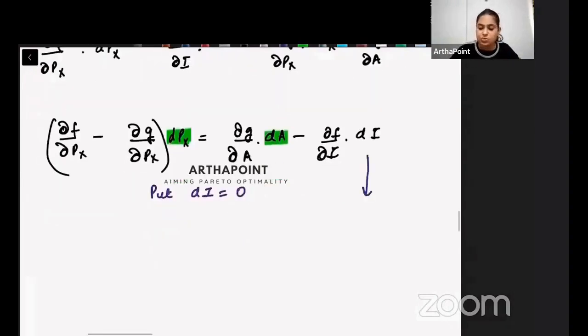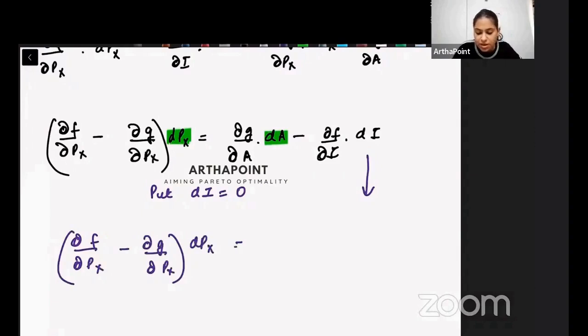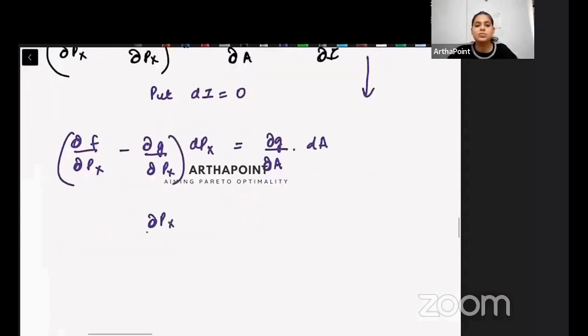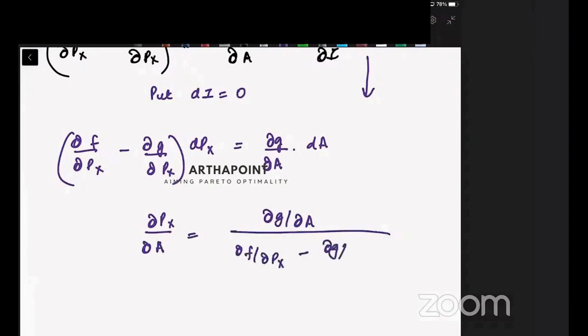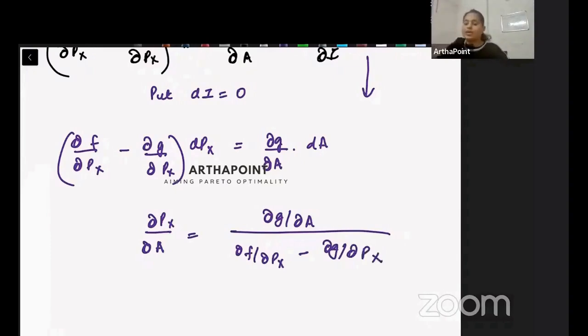When you put this equal to 0, you will get del F by del Px minus del G by del Px dPx equal to del G by del A dA. So you will get del Px by del A equal to del G by del A upon del F by del Px minus del G by del Px. This is what you are going to get.